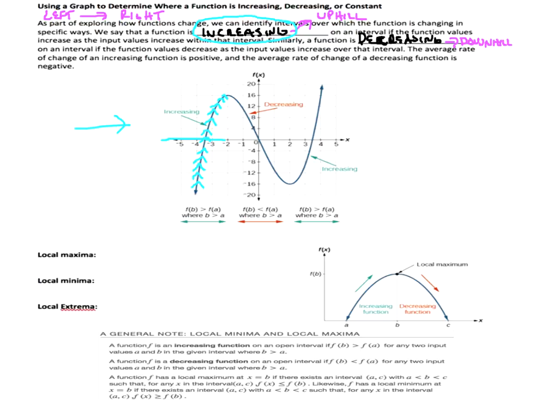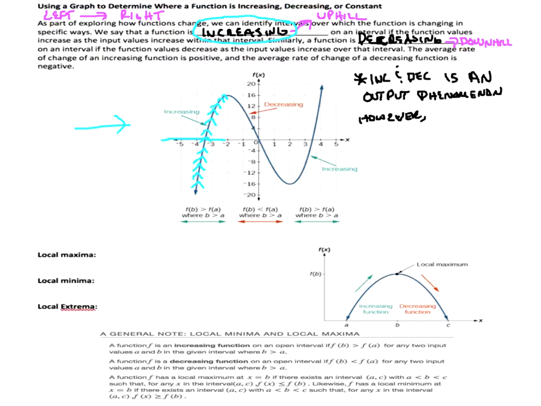This is another important thing that you need to know about increasing and decreasing. Increasing and decreasing is a y value, an f of x, or an output phenomenon, because it's up and down, and that's our vertical direction.